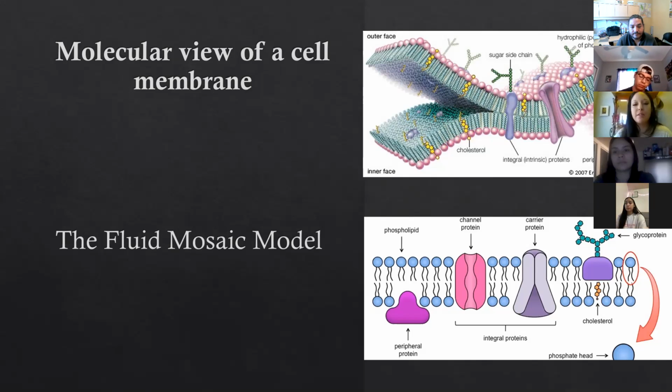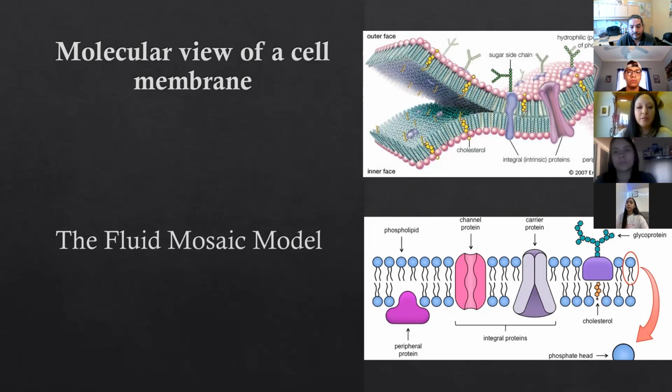The phospholipid has a polar head, which means that it's hydrophilic, meaning that it loves water, and they can be seen at the top and bottom portion, right next to the peripheral protein in purple.